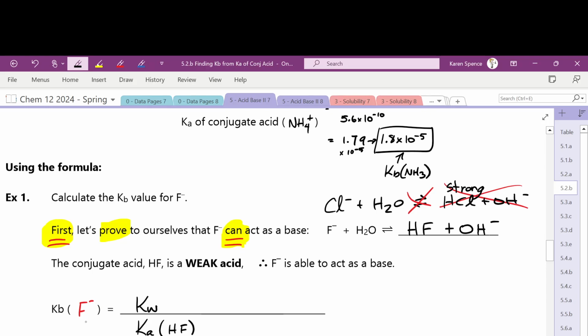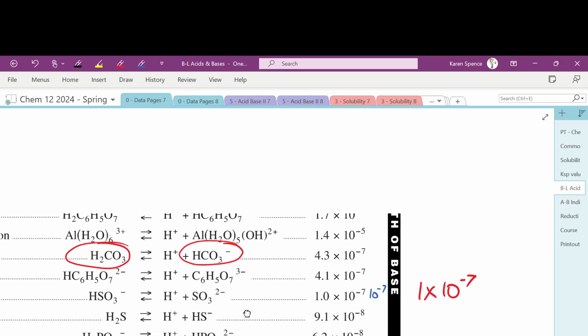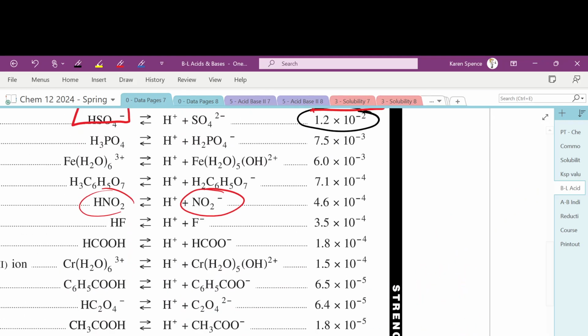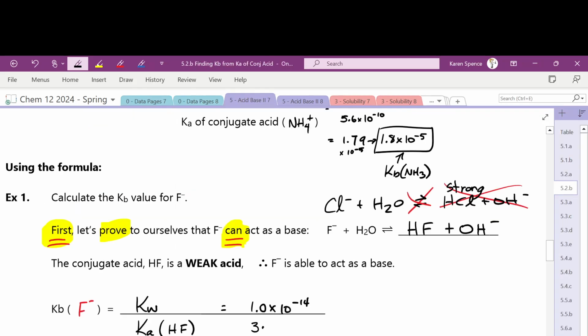Stick an extra H on the F. And that is equal to 1 times 10 to the negative 14 over, and you have to look up HF up here somewhere, 3.5 times 10 to the negative 4. That gives 2.85 times 10 to the negative 11, and so we would round that to 2.9 times 10 to the negative 11.